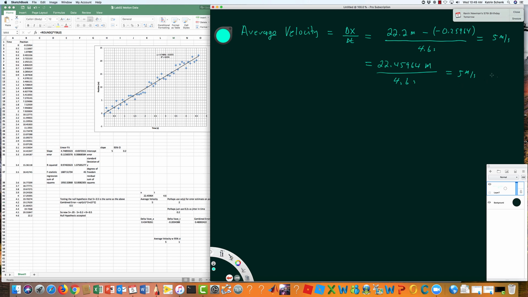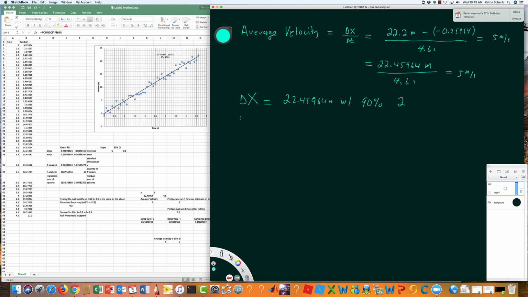We do know that delta X, the total distance traveled, is 22.45964. Again, I'm not dealing with significant digits right now. And then we have a 90% confidence interval of 2, which was the rounded version of 2 times the standard deviation in Y.